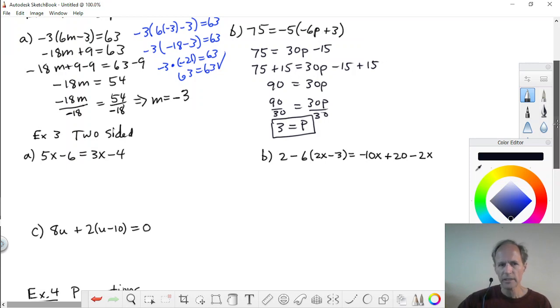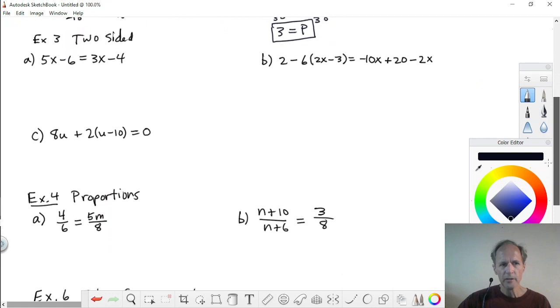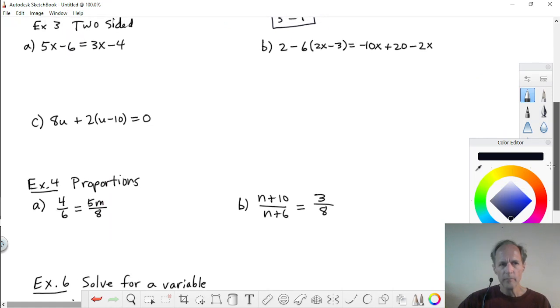If it has it on both sides, you have to get it so it's only on one side. You can go either way. We're going to get rid of either the 5x or the 3x, so only one side will have x's. So usually it's more convenient to be left with positive. These are both positive. We'll be subtracting.